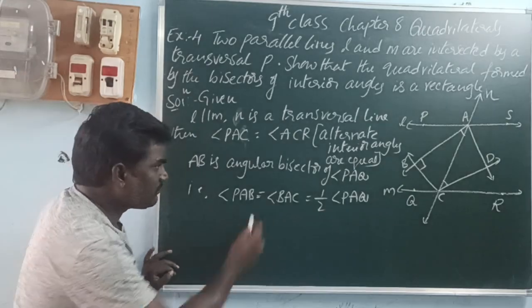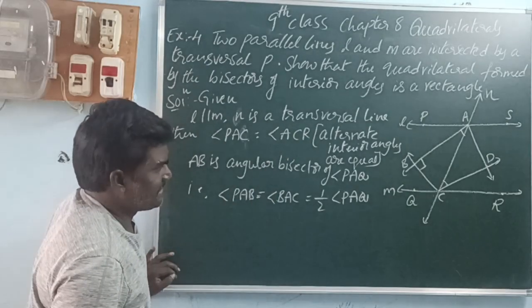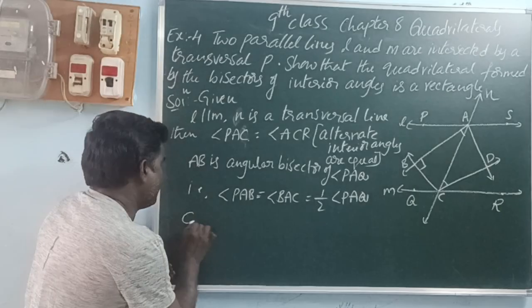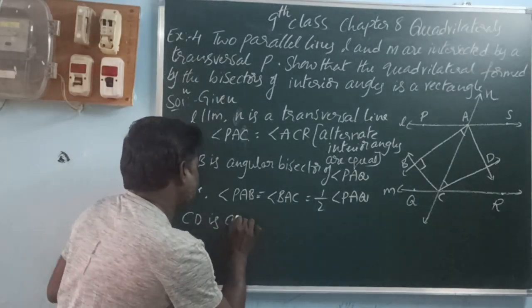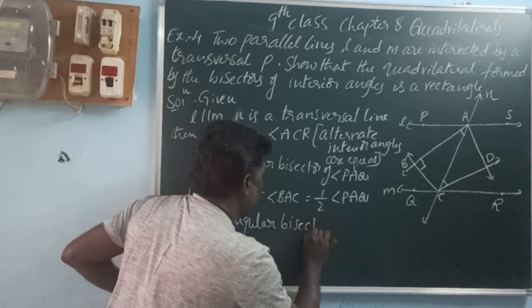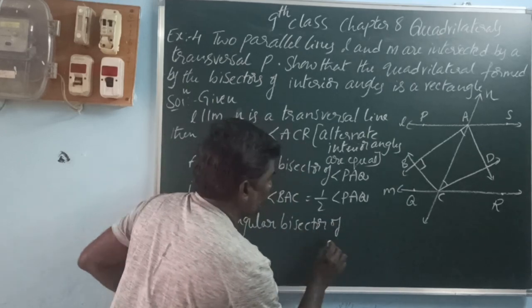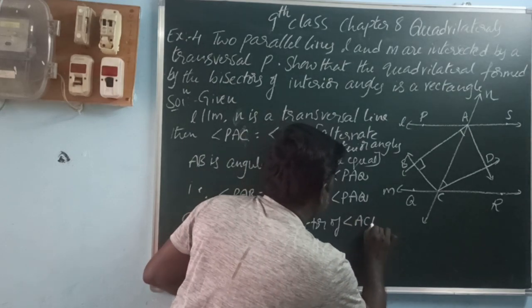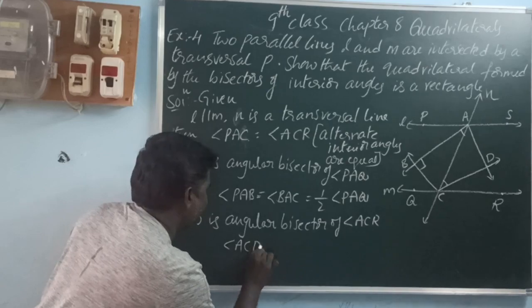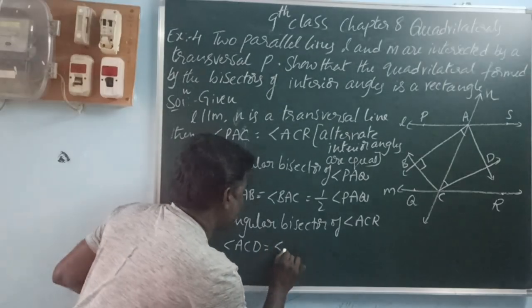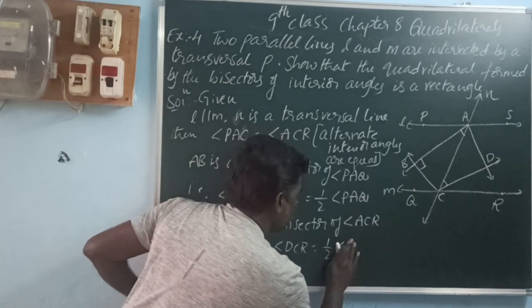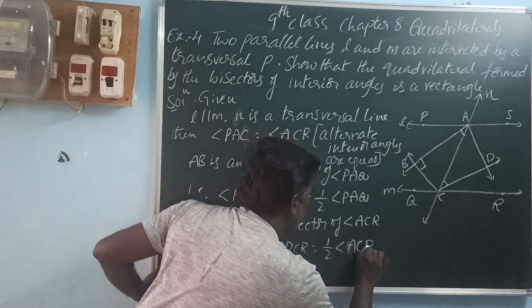Next, in angle ACR, CD is the angular bisector of angle ACR. So angle ACD is equal to angle DCR, which is half of angle ACR.